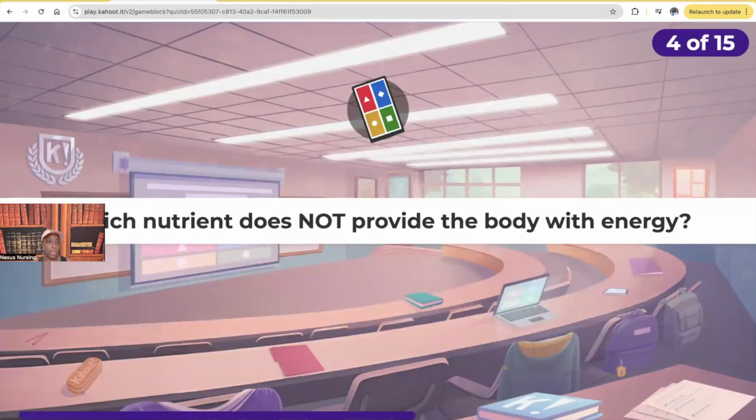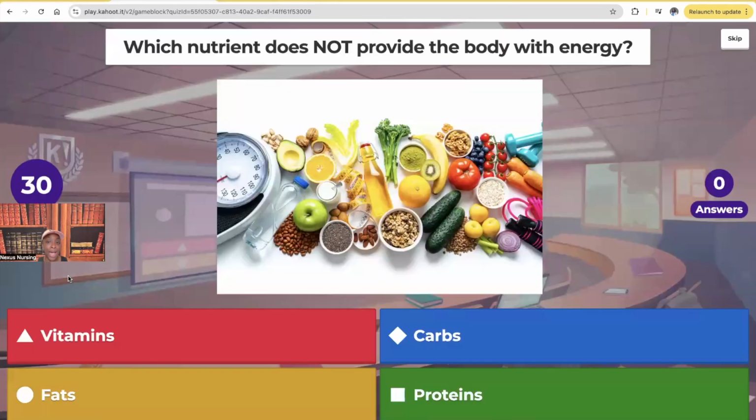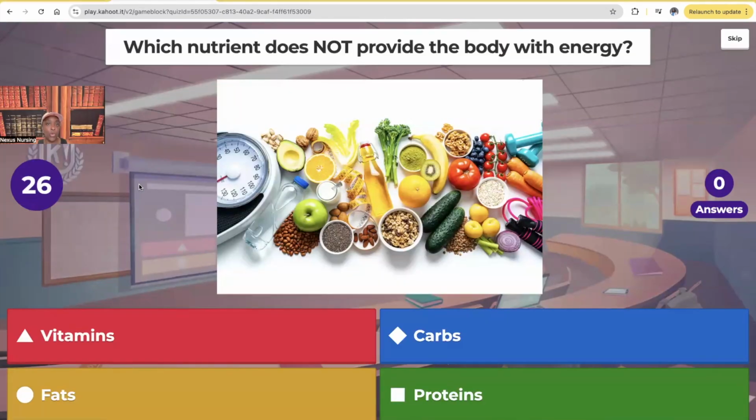Which nutrient does not provide the body with energy? Here are your choices: vitamins, carbs, fats, proteins.